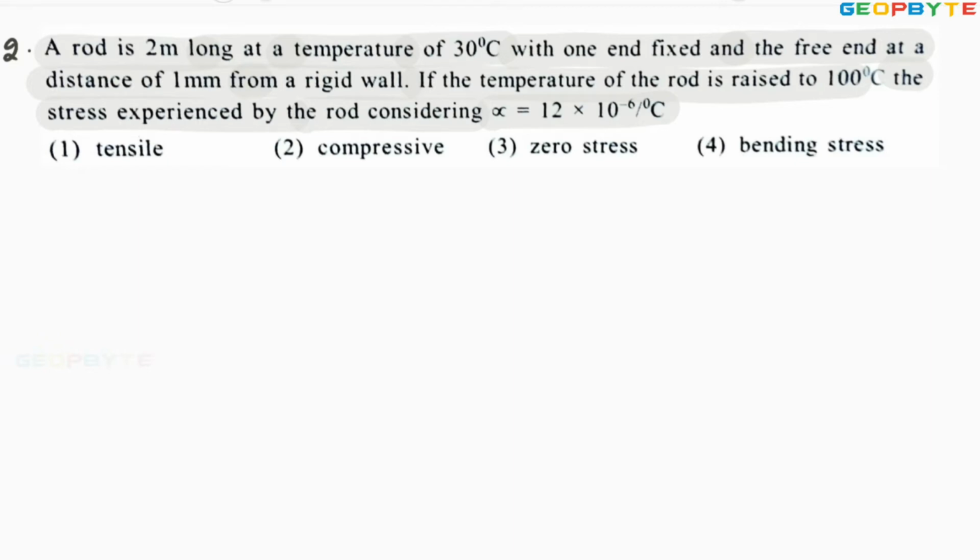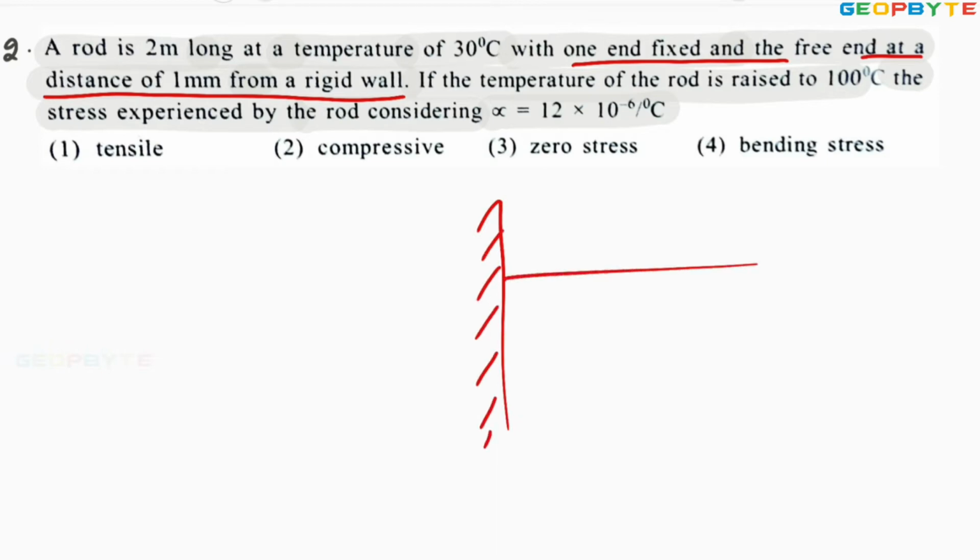It is given like this. One end is fixed, the other end is free at a distance of 1 mm from the rigid wall. This is the one fixture. This is your body.